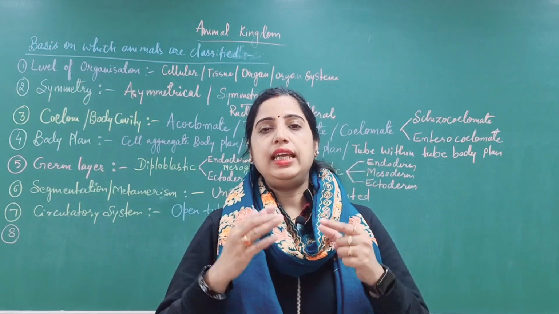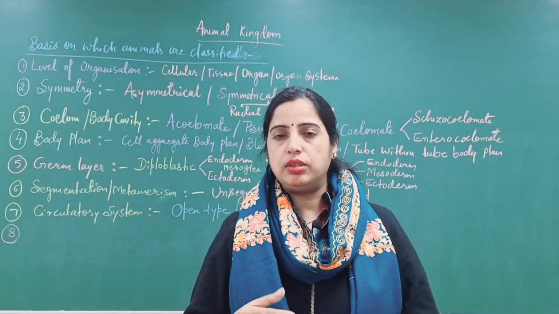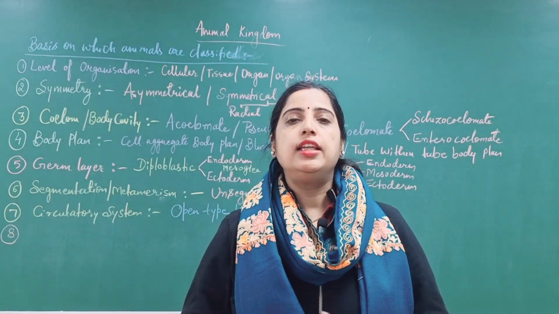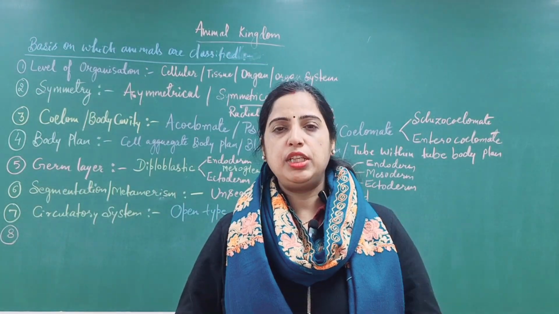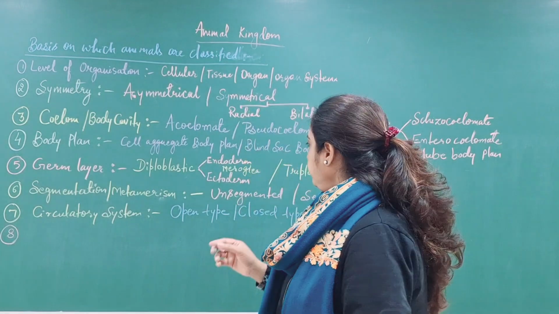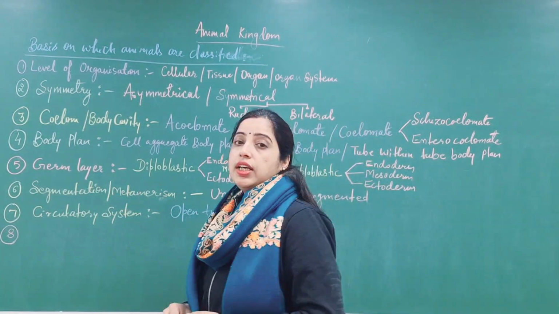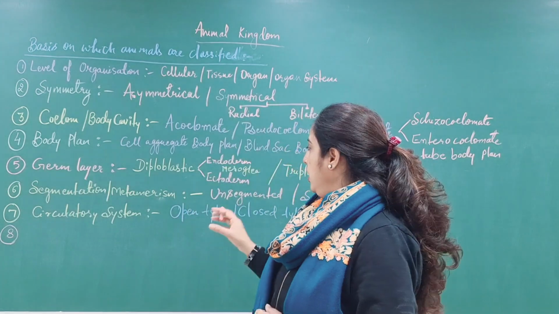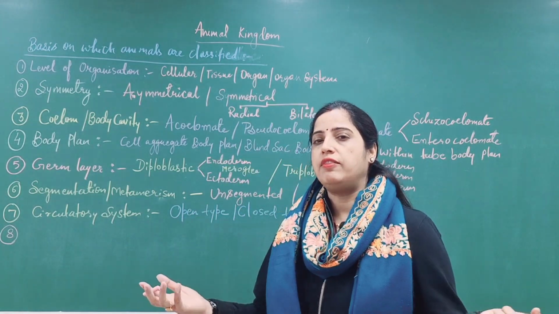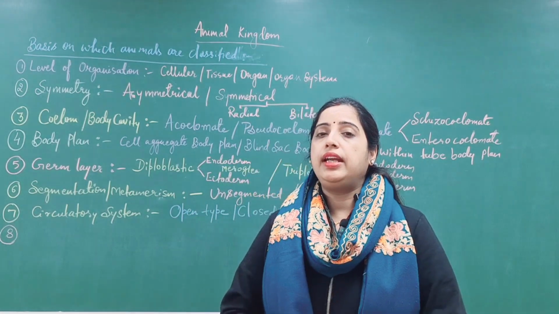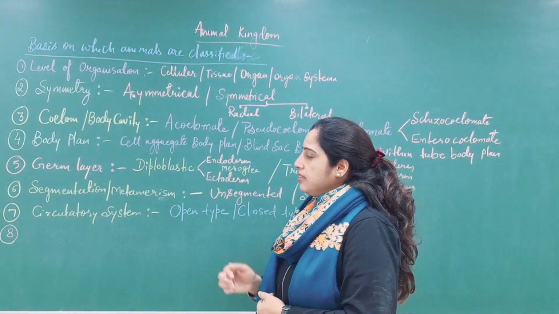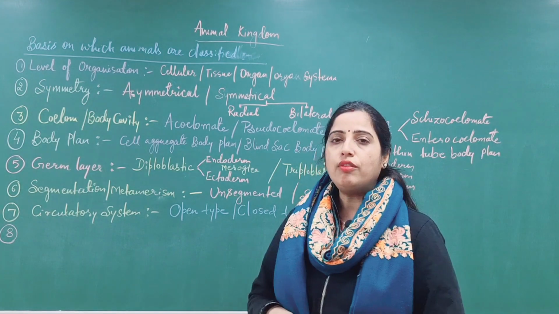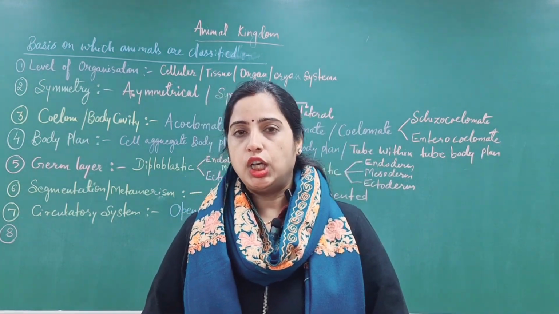Diploblastic means they have endoderm and ectoderm, and in between they have mesoglea, whereas in triploblastic there will be endoderm, mesoderm and ectoderm. Segmentation is another criterion to classify organisms. If they are segmented, of course they will be called segmented, and if they do not have it, then they are unsegmented. Now the circulatory system can be of open type or closed type.